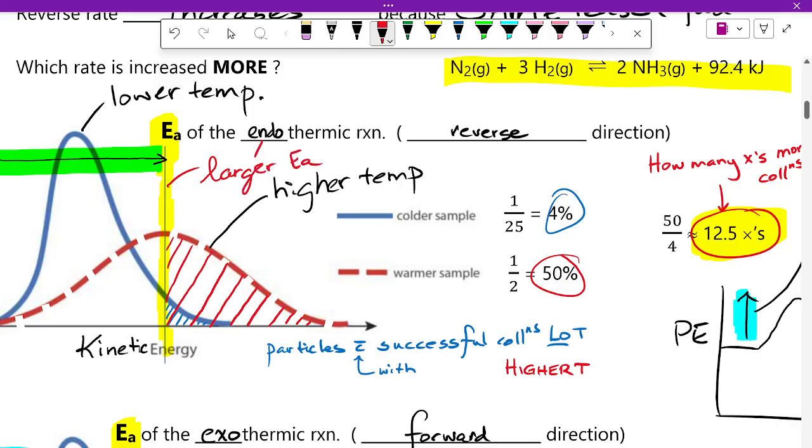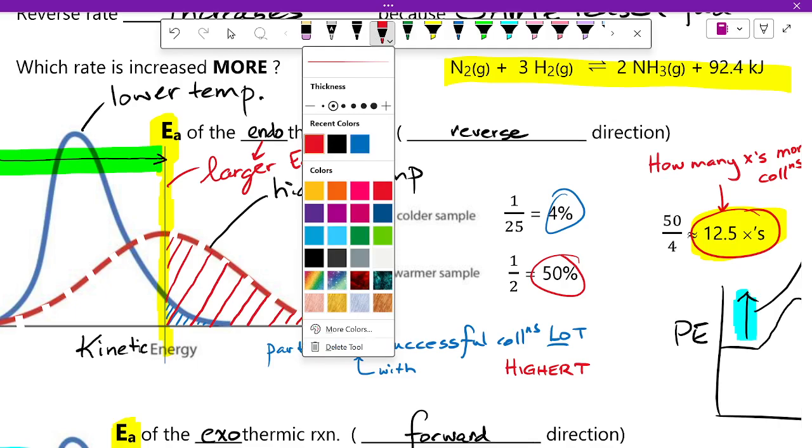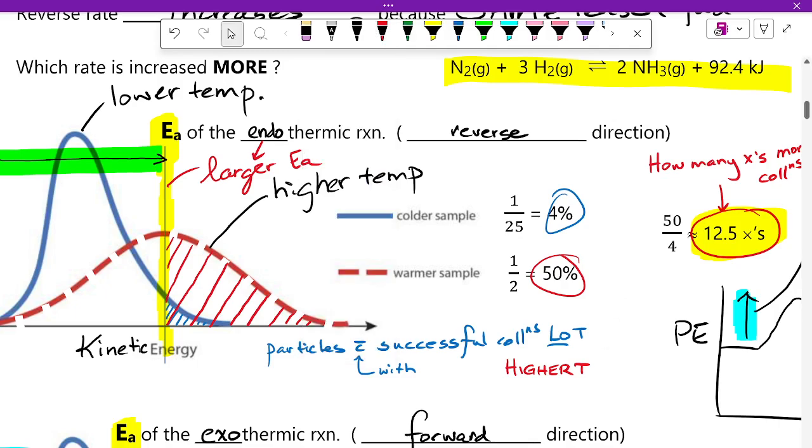Yeah, so our endothermic reaction has larger activation energy of the two. So when you move your graph to the higher temperature or to the lower temperature, you are moving a larger portion of molecules into or out of the active zone, the ones that can react.